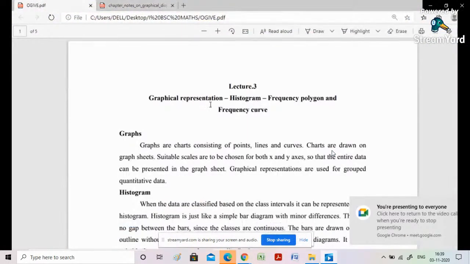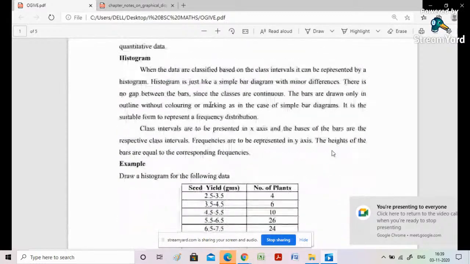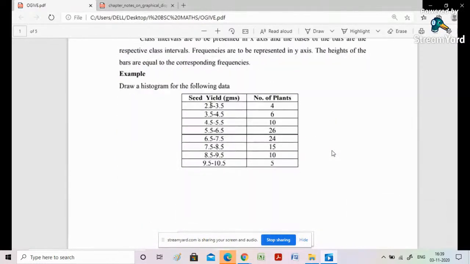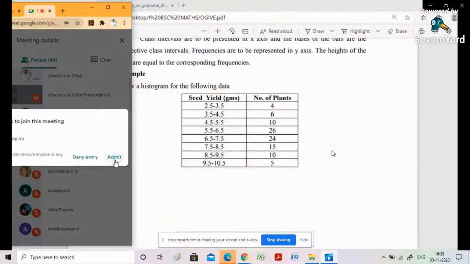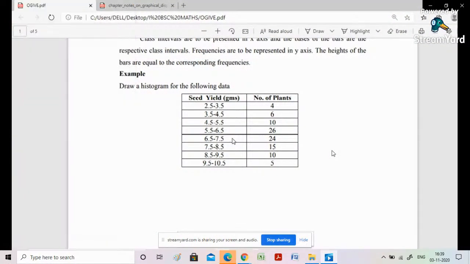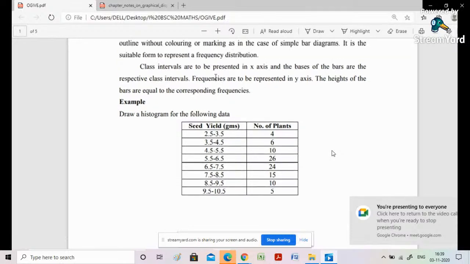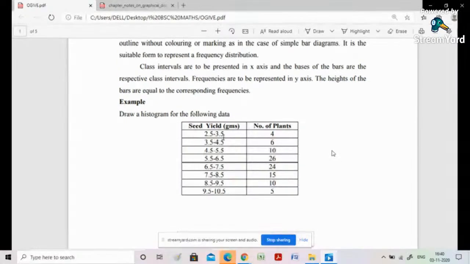In this we have another example. You can see we have to draw a histogram for the given data. This is the range of yield in grams and the number of plants.